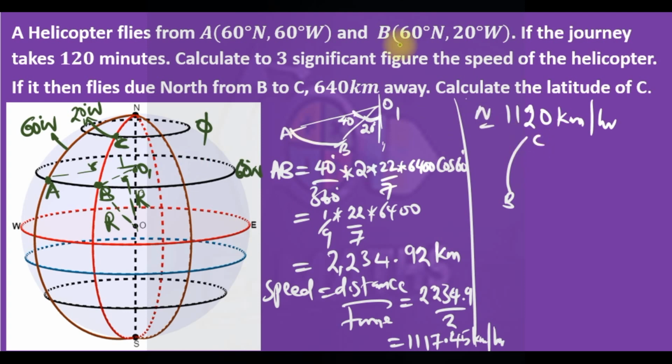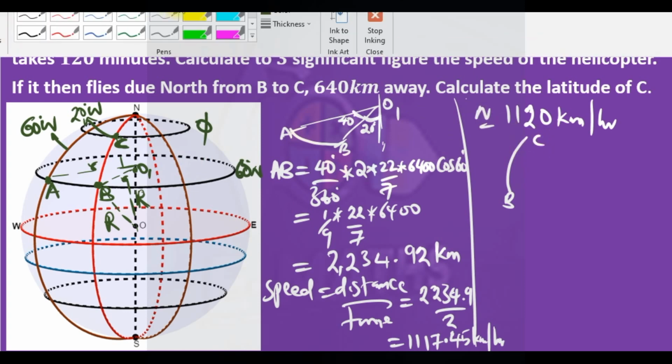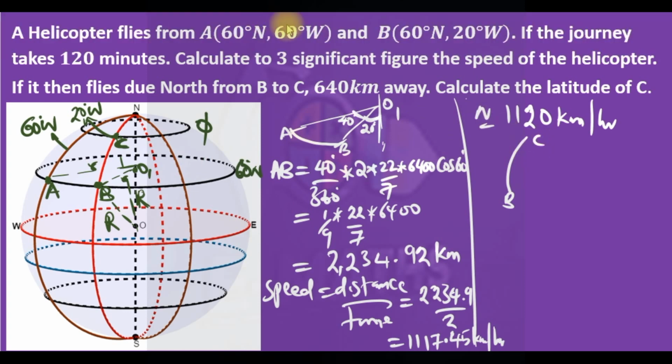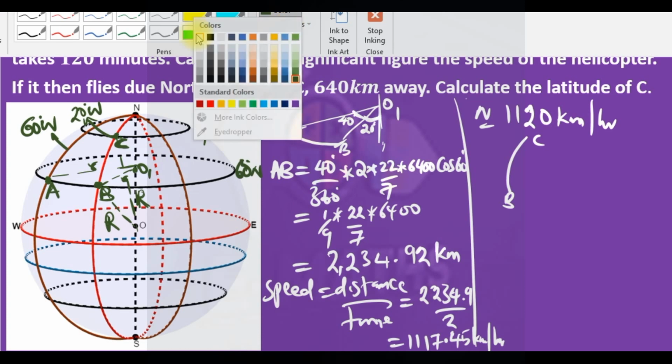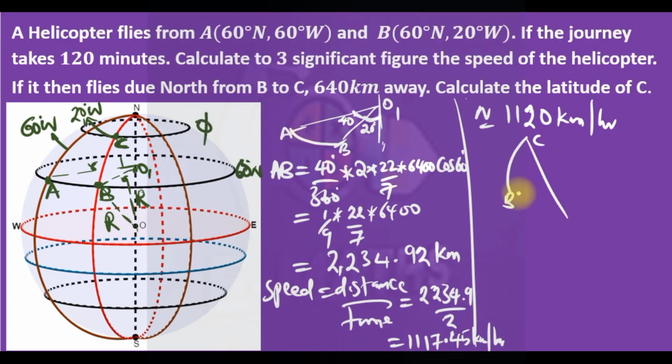So this is now distance along the longitude, big R. They say the distance is 640.